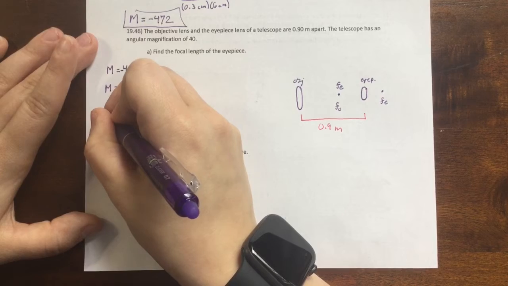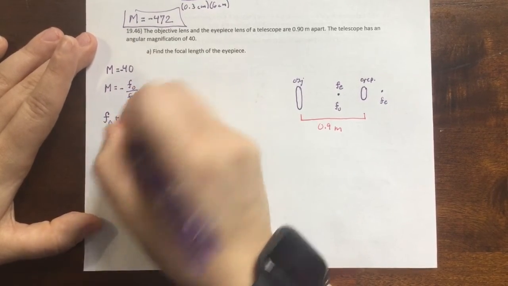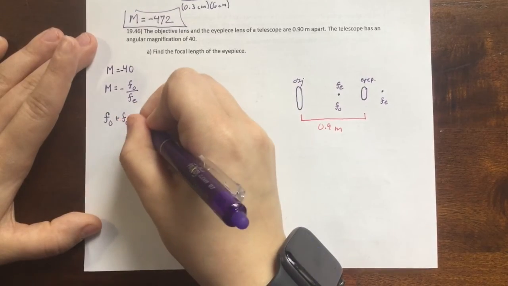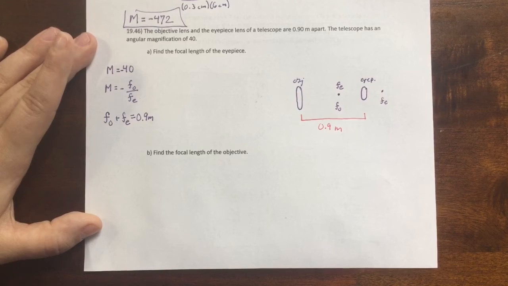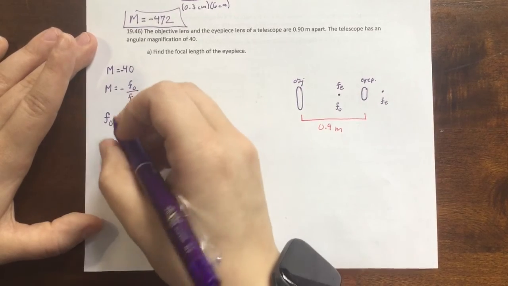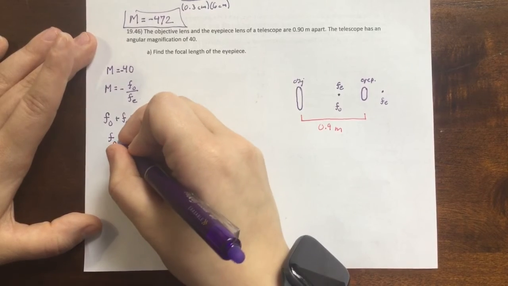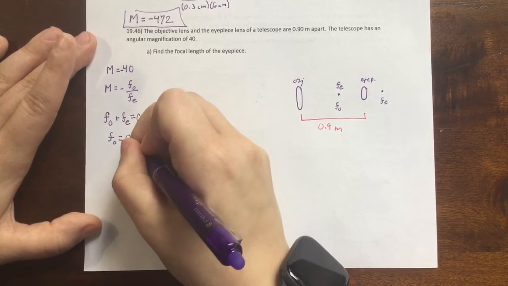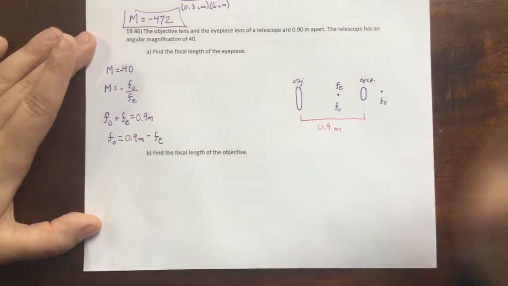We know that FO plus FE is going to equal 0.9. We can rearrange this to get it in terms of FE. So you can state that FO equals 0.9 minus FE.